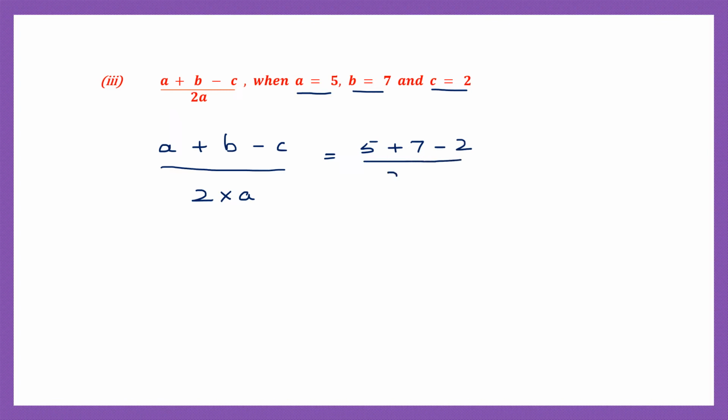Now here we write 2 into a, that is 2 into 5. So let's do this. Add up 5 plus 7. 5 plus 7 is 12. 12 minus 2 is 10. Now in the denominator 2 5s are 10. So 10 divided by 10 is 1. So the answer to this question is 1.